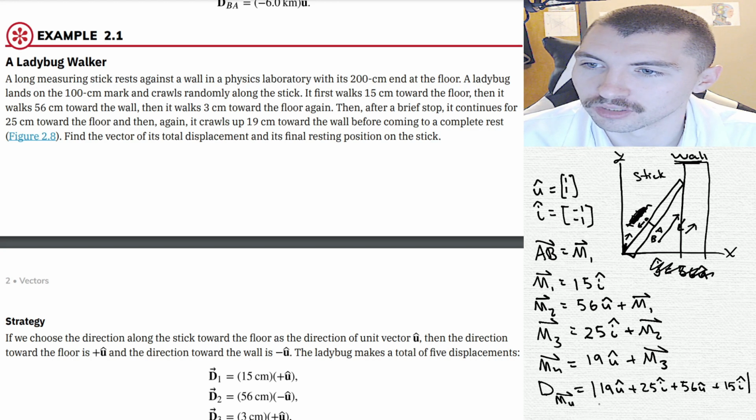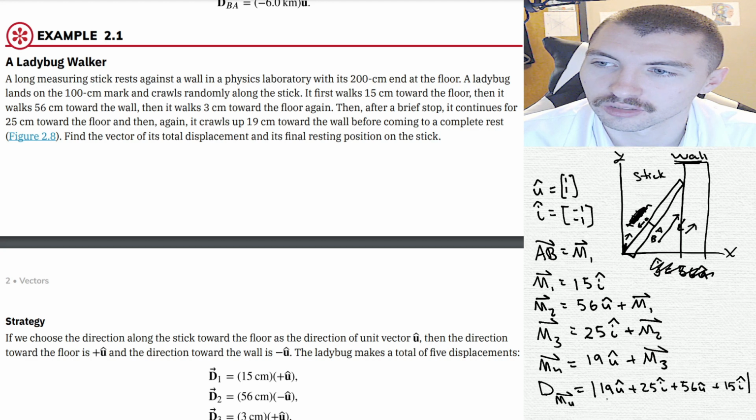So that's going to be 19 plus 56, 65, 75 U, and 40 I.